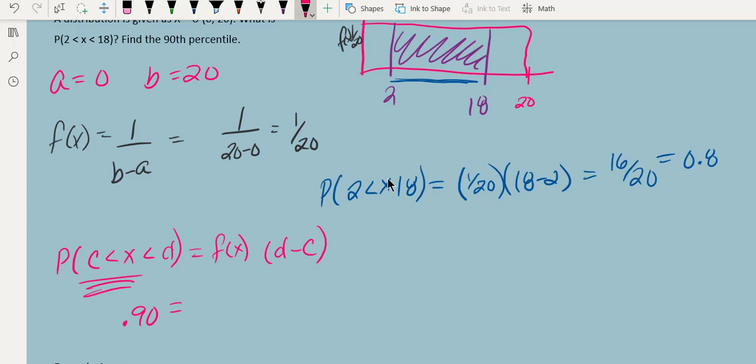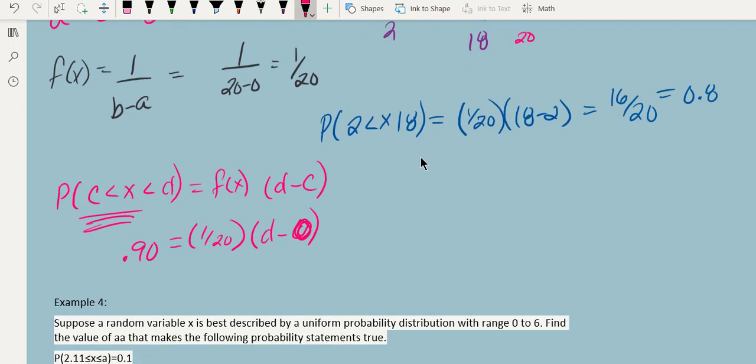So our f of x, we know is going to be 1 over 20. And then we don't know the exact position of our D, but we know that our numbers start with C, meaning 0. It starts with 0. We're trying to figure out what that distance is to get to that actual 90th number, or 90th percentile. So now we just solve for our variable, okay?